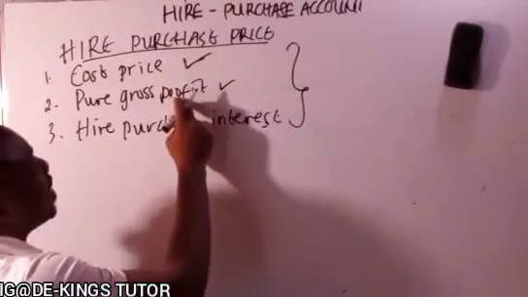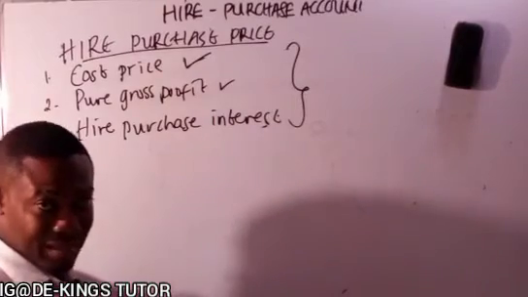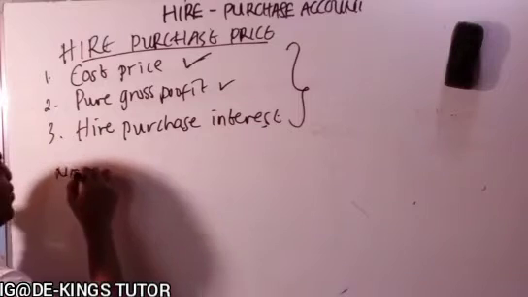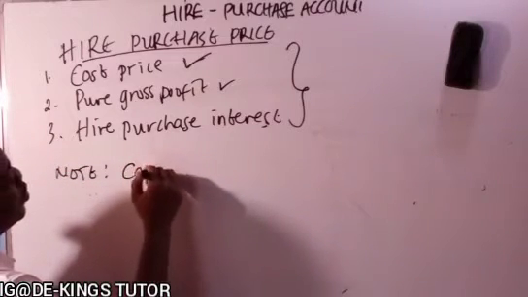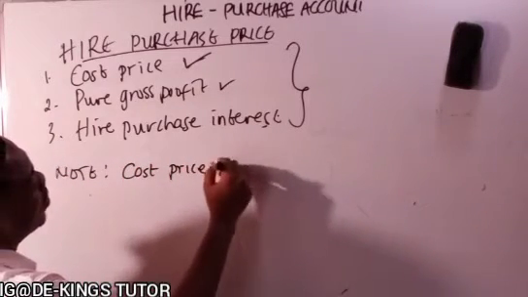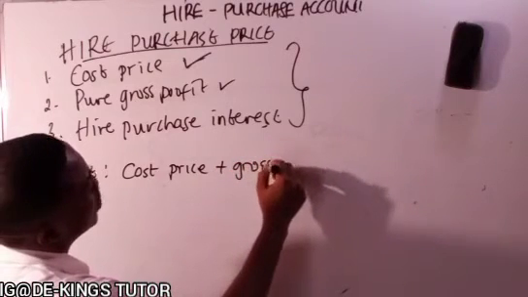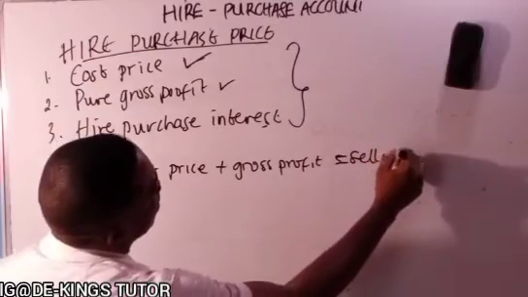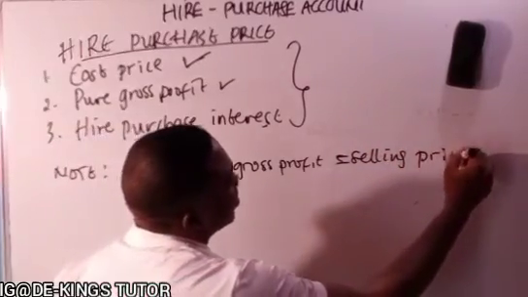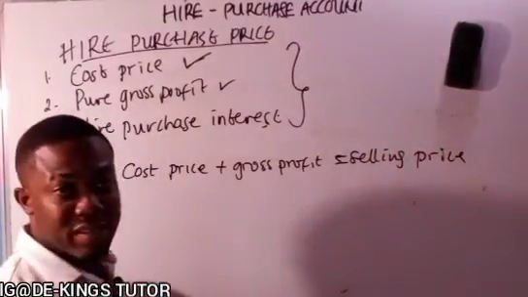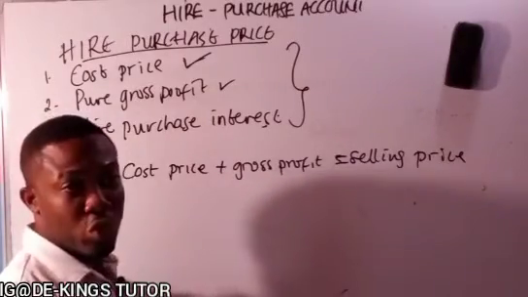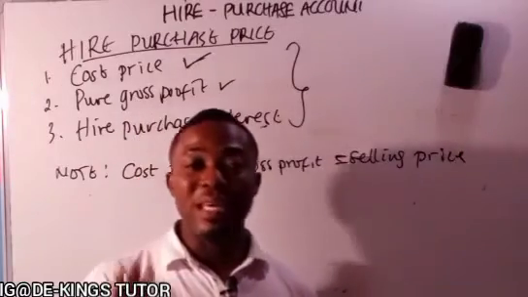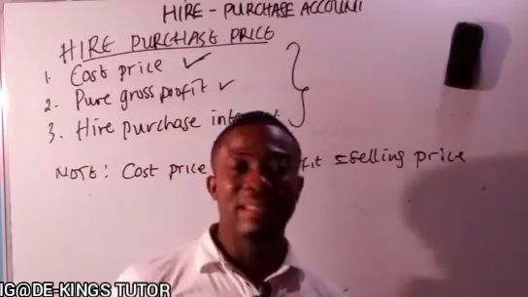The cost price and the pure gross profit is the selling price, because we know cost plus profit is selling price. That is what the asset should be sold for, when an individual is required to pay immediately and get the goods immediately.